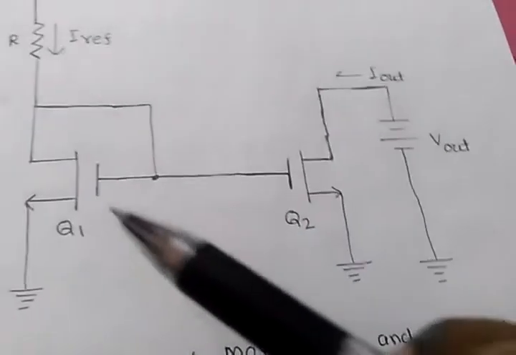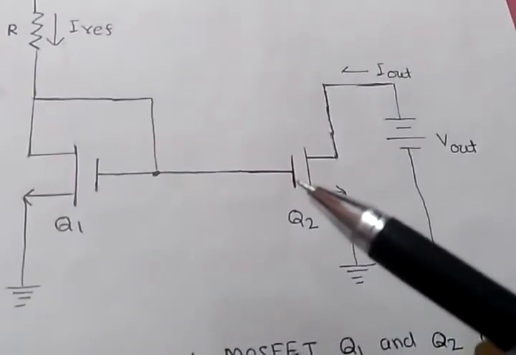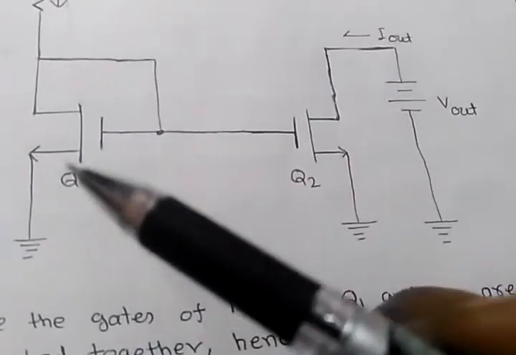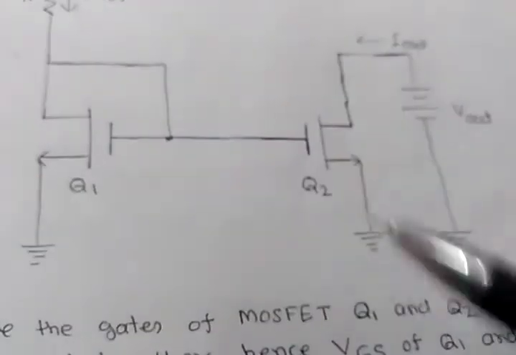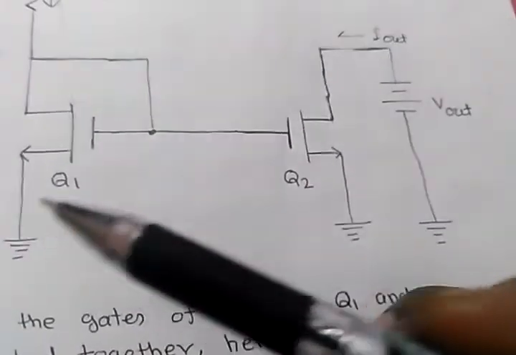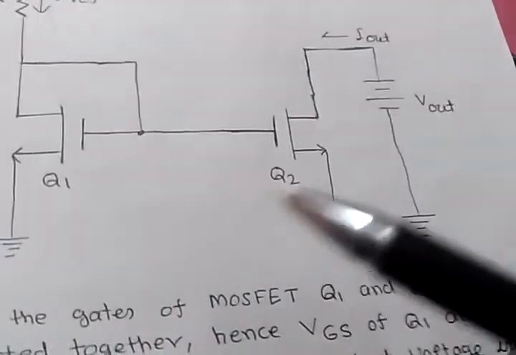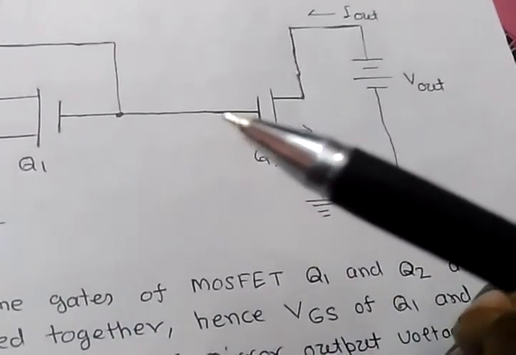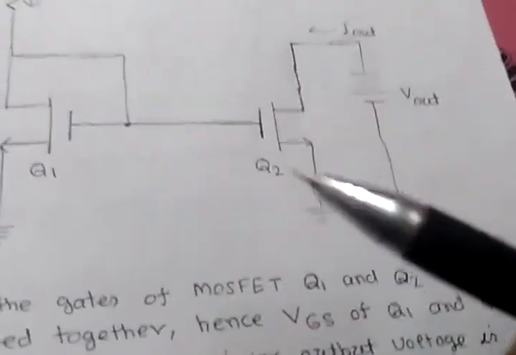Since gate of both the transistors are connected and source of both the transistors are grounded, gate to source voltage of transistor Q1 will be the same as gate to source voltage of transistor Q2.